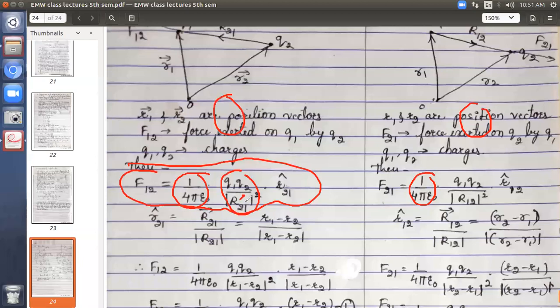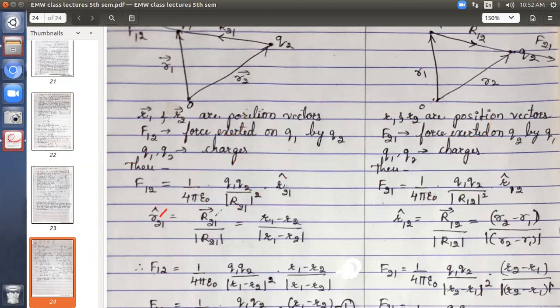And whatever suffix you have used here, the same for the unit vector. Earlier I have taken small a, here I have taken R. No issues, you can take small a also. So what will be this unit vector? Unit vector will be whatever distance vector is there, divided by its magnitude.